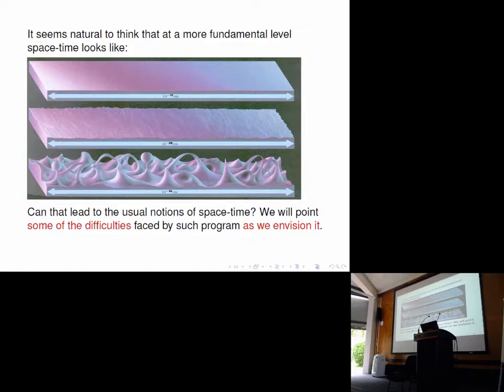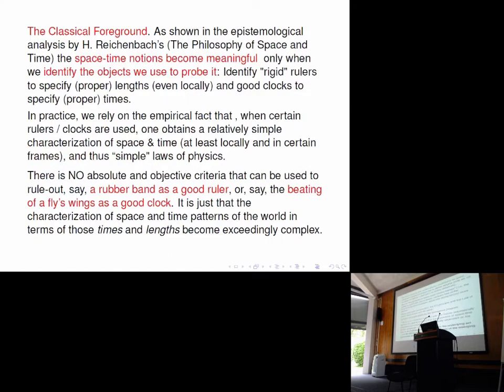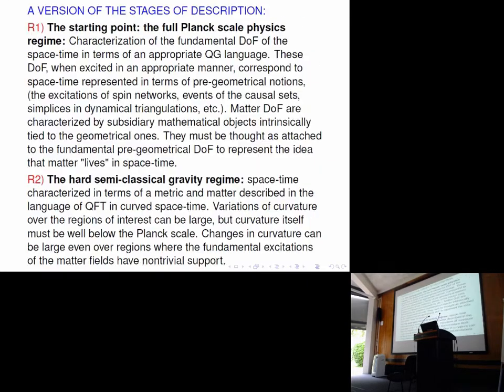Regarding your R1 level, the most fundamental one, you are saying that basically matter degrees of freedom are to be characterized as subsidiary mathematical objects that are attached to the fundamental pre-geometrical degrees of freedom.